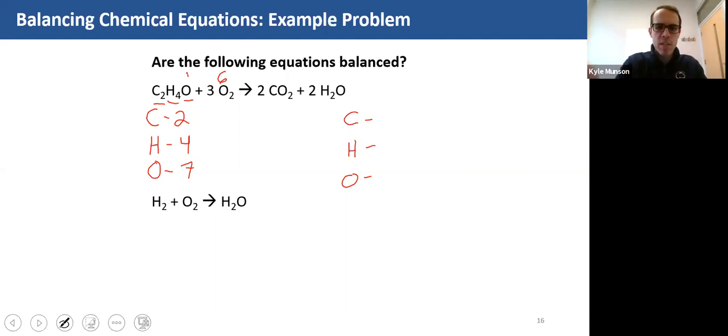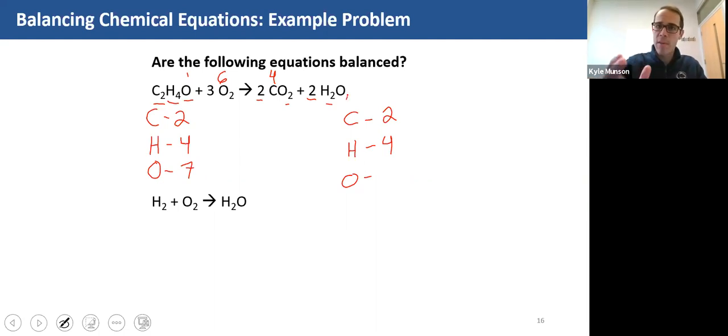On the other side of the equation, I have 2 carbon atoms. That's good. I have 4 hydrogen atoms, 2 times 2. And I have 2 times 2, 4 oxygen atoms here, and 2 times 1.